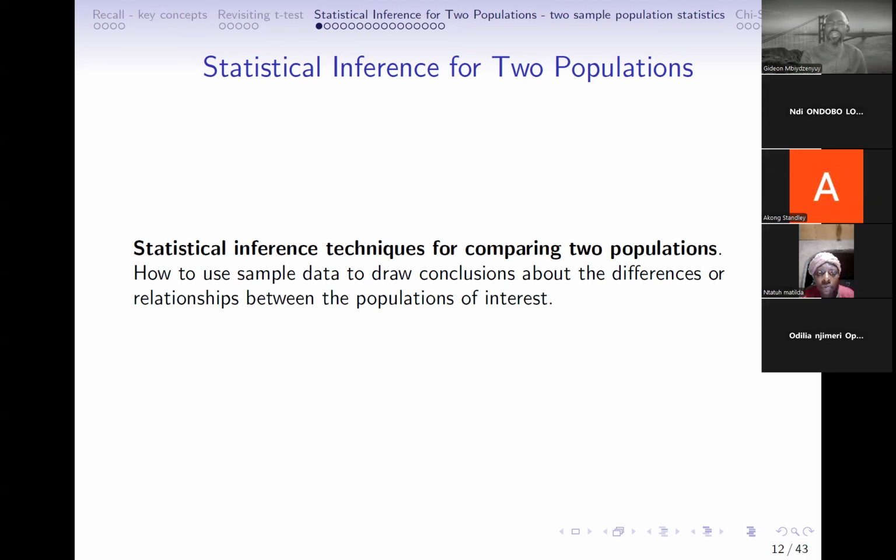So how do we use the sample data to draw conclusions about the differences or the relationships between the populations of interest if we have more than one group? And this is a more practical case where you will always deal with more than one group.